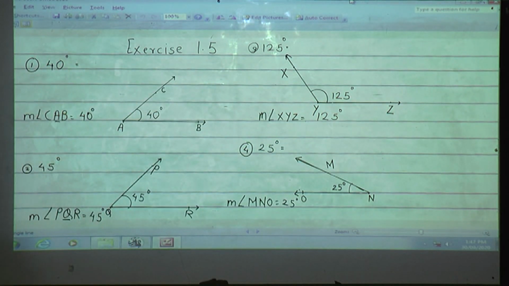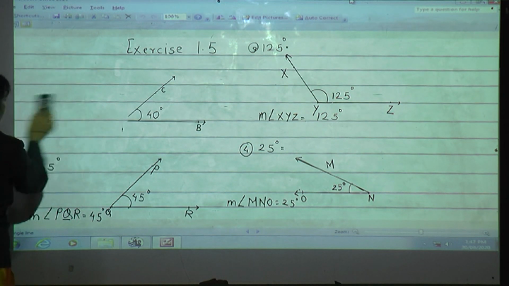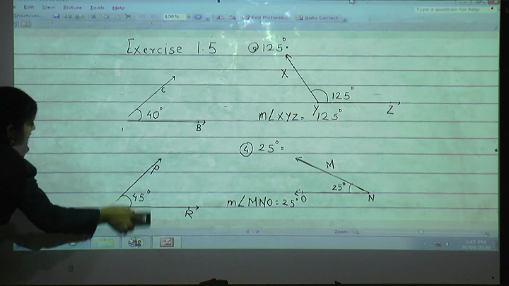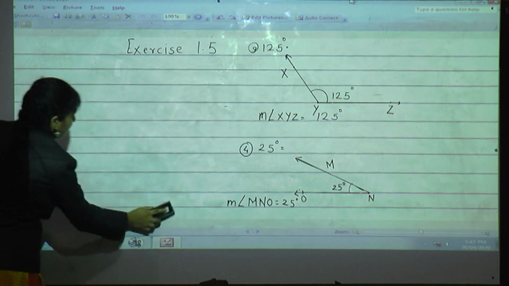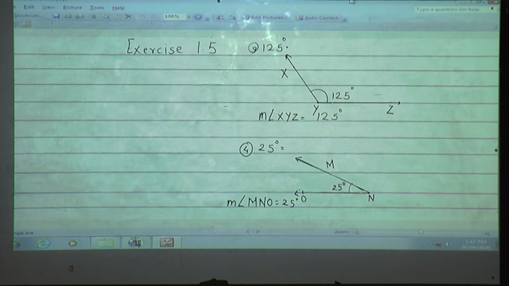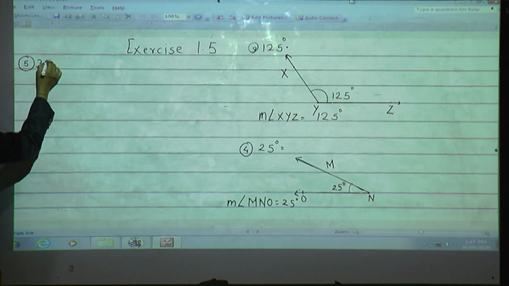Now we'll see our next example. Fifth one, 35 degree.